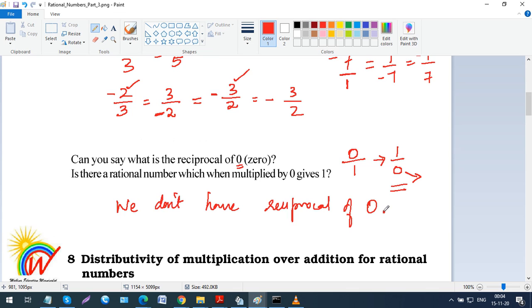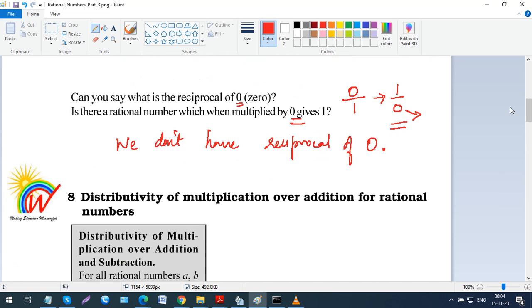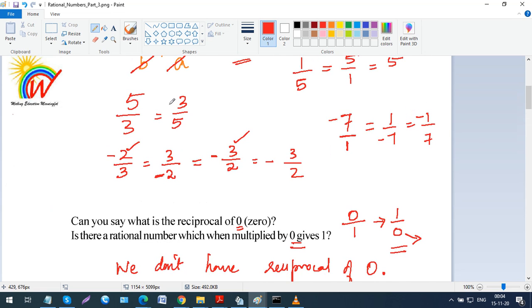Remember this well. They are asking you, is there a rational number which when multiplied by 0 gives you 1? When you multiply two reciprocals, it will always give you 1. Like 5 by 3 and 3 by 5, if you multiply both of them, it gives you 1.